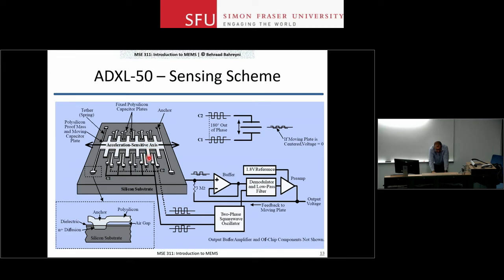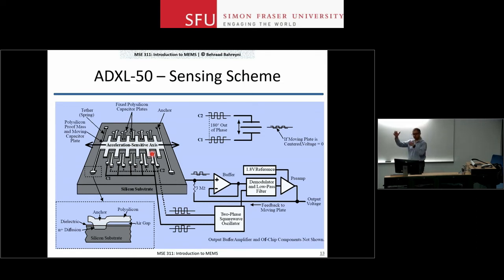Each finger that is attached to the proof mass is surrounded by two fingers that are on the substrate. They are not shorted to each other, two different fingers. And once, let's say, the proof mass goes to the right, the capacitance between these two will increase, and the capacitance between these two will decrease. It gives you a differential signal.